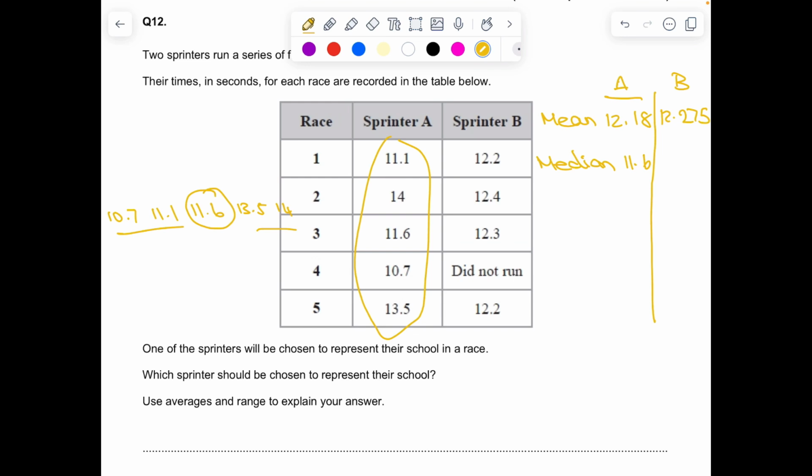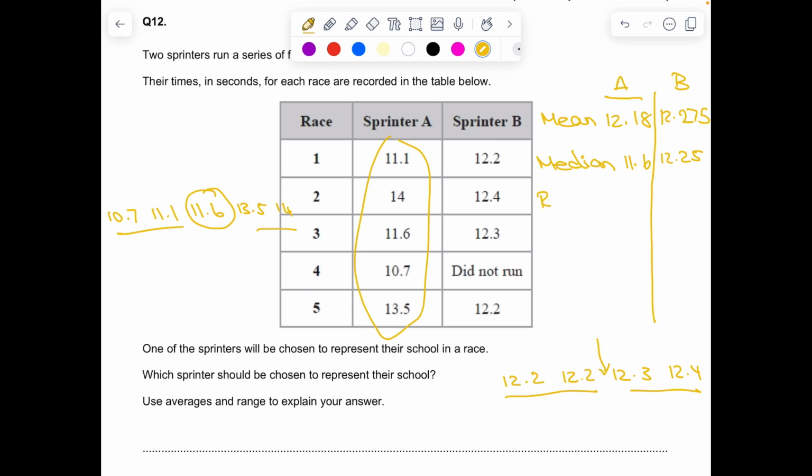And then sprinter B, putting them in order, I've got 12.2, another 12.2, 12.3, and then 12.4. My middle is between 12.2 and 12.3, so 2 numbers either side. So my median for this one is 12.25, so that is smack bang in the middle of 12.2 and 12.3.